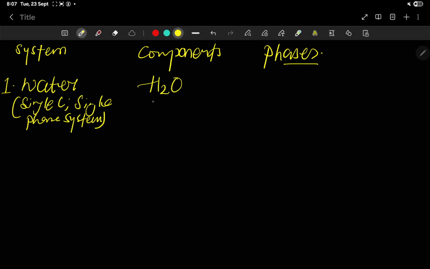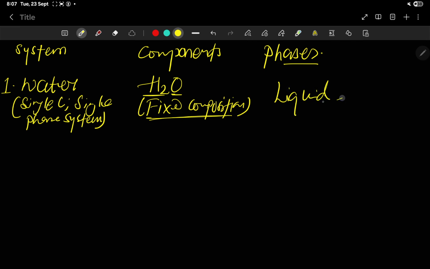It is a fixed composition of hydrogen and oxygen, and the phase is what? It is liquid. Okay, now let's take another example: water plus ice.